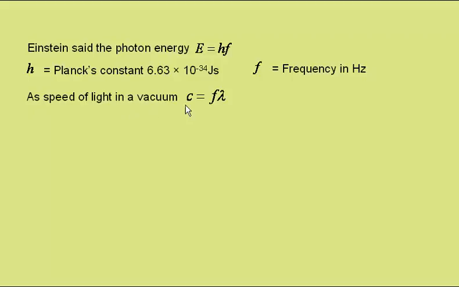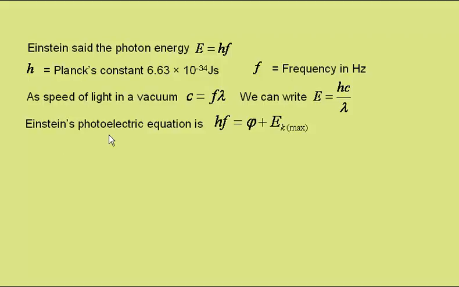As the speed of light in a vacuum c is equal to frequency f times wavelength lambda, we can rearrange and substitute for frequency in this term to give photon energy E is equal to hc over lambda. h Planck's constant, c the speed of light in a vacuum, 3 times 10 to the 8 meters per second, and lambda the wavelength of the radiation.